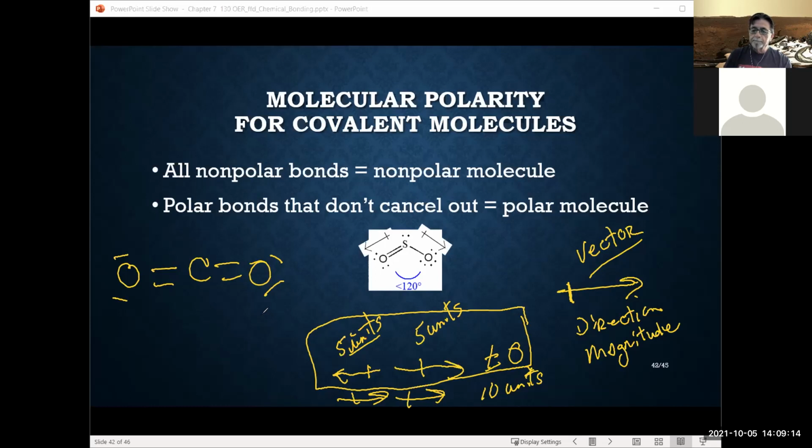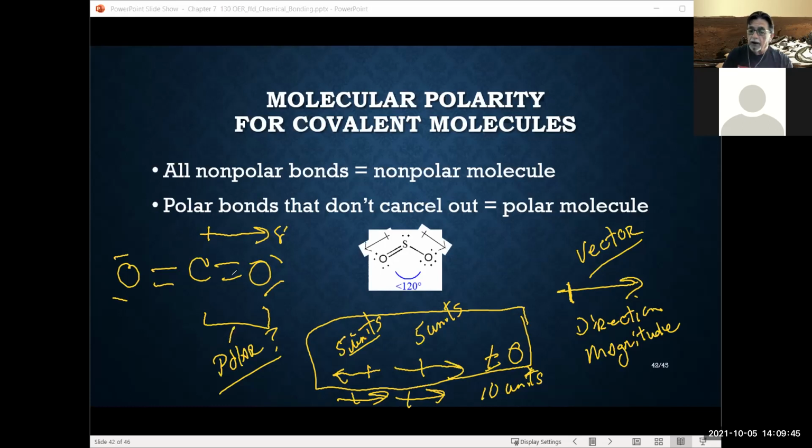Yes. 2 different atoms. It's a polar bond. There's a dipole going from carbon to oxygen, and I can draw that arrow in that direction. So I got a partial negative over here on the oxygen, partial positive on the carbon.